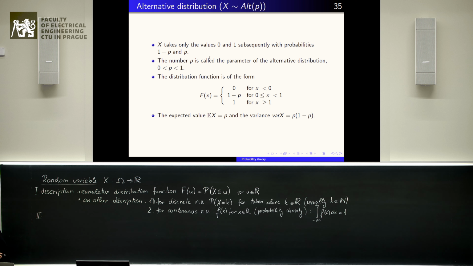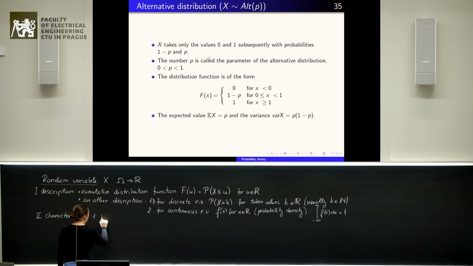Last time I showed you how to calculate some basic characteristics. And the basic characteristics which I mentioned were the following.